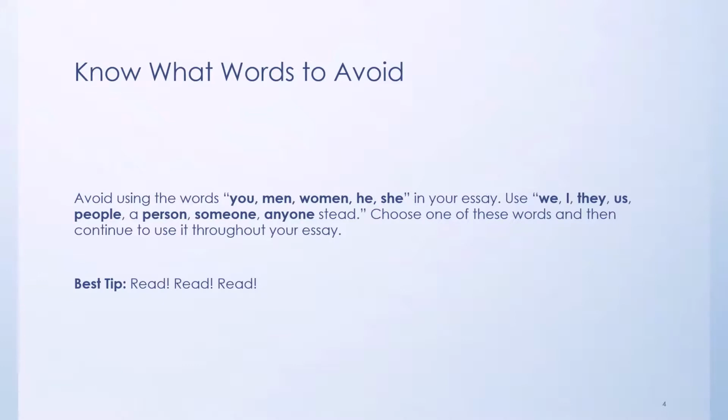Make sure that you use words like we, I, they, us, people, a person, someone, anyone. I try not to use the word you, because you is not your fault. You are not the cause for my opinion or my essay.